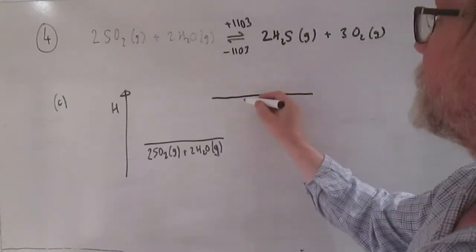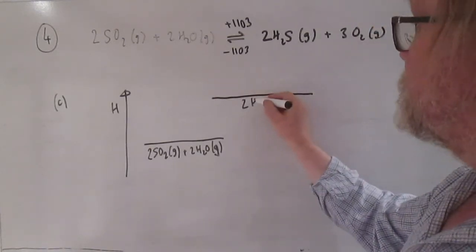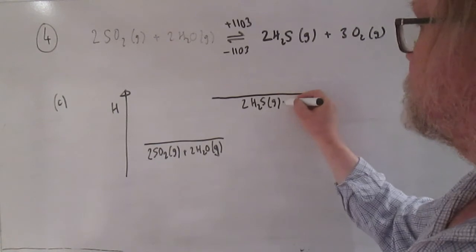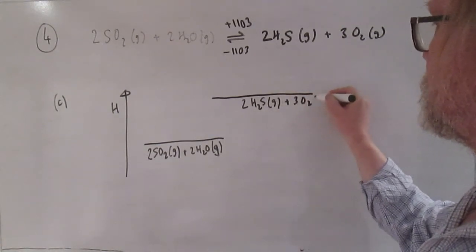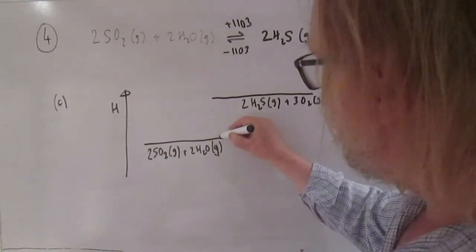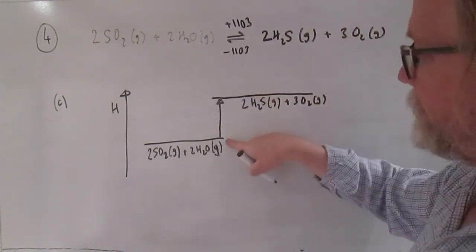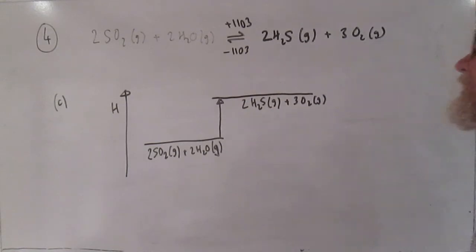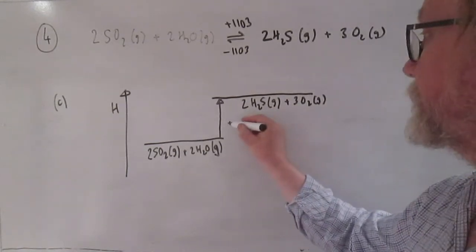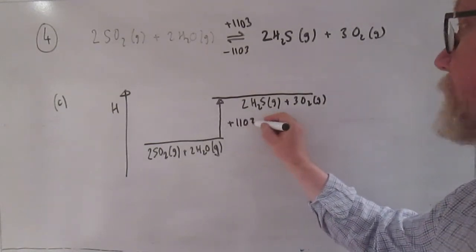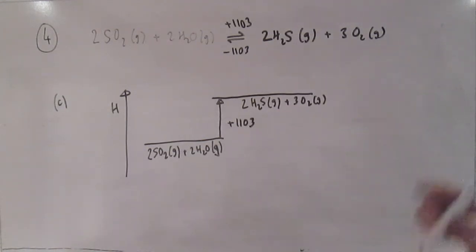So it's got to look like this. So we have 2H2S plus 3O2 up there. And a one-way arrow going from there to the right-hand side is plus 1103, because it asks for the numerical value, so it's plus 1103 kilojoules per mole there.